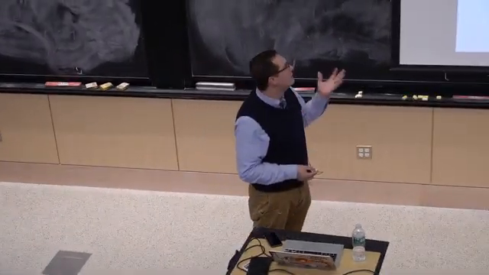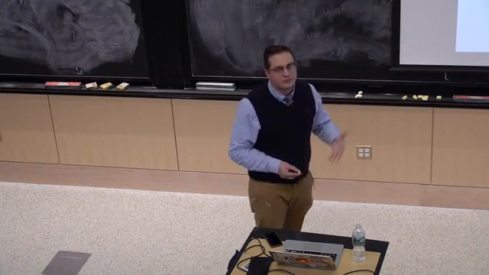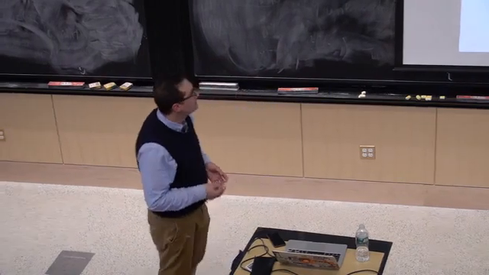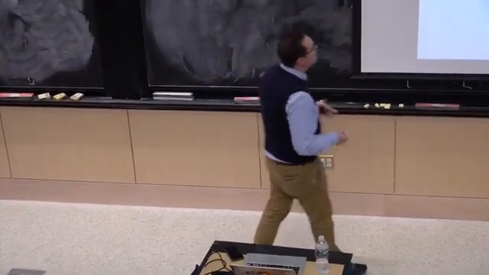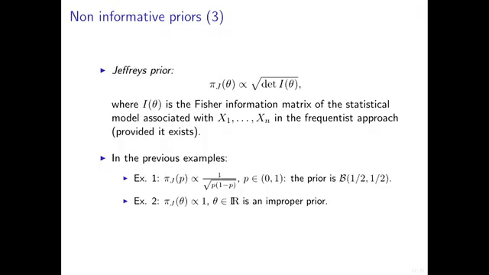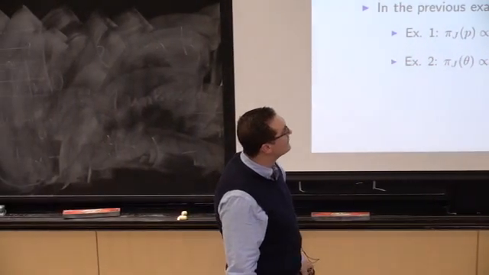It turns out that the square root of this thing is basically 1 over the standard deviation of the maximum likelihood estimator. And so you can compute this. For the maximum likelihood estimator, we know that the variance is going to be p(1-p) in the Bernoulli statistical experiment. So you get 1 over the square root of this thing.